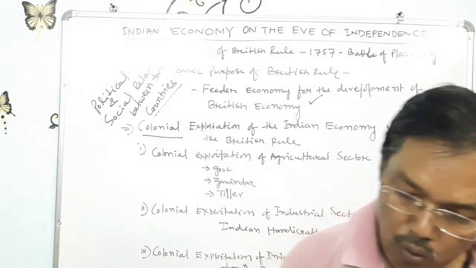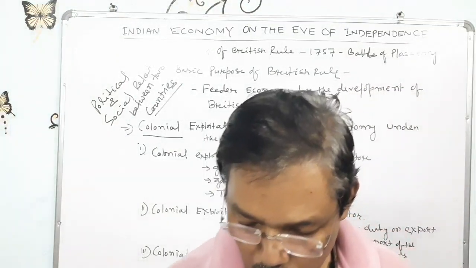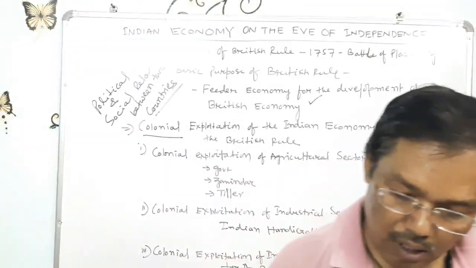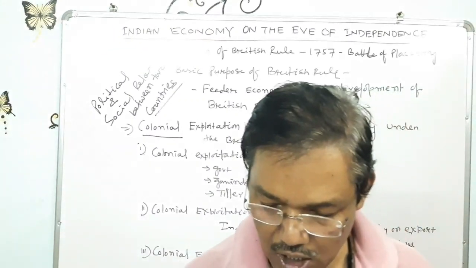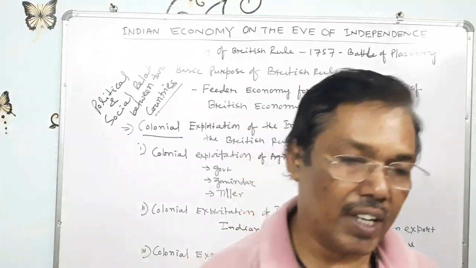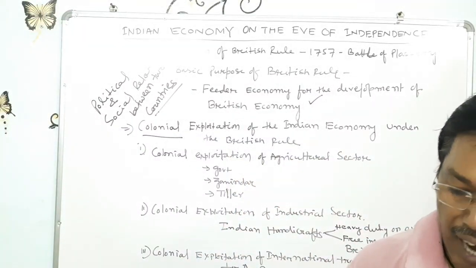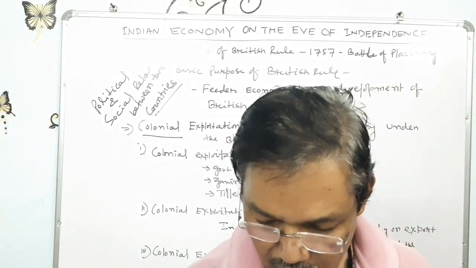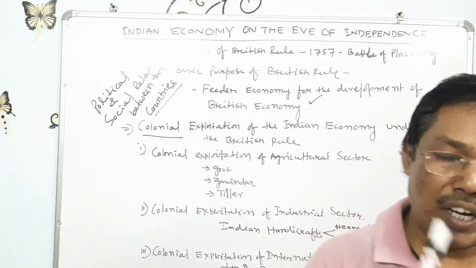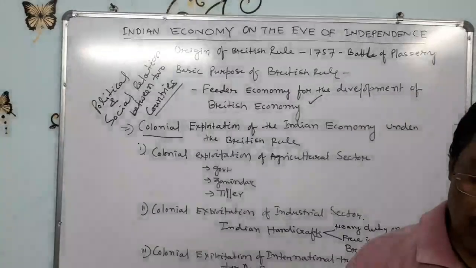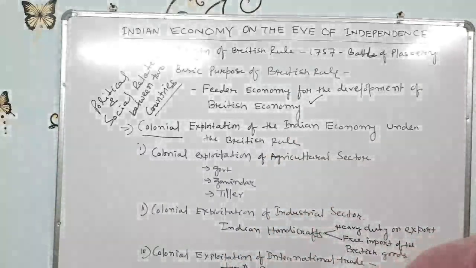It means the ruling country not only has political control over the country, but also determines the economic policy of the dominated country. So in the case of India, the unequal relationship between the colony, India, and the ruling country, Britain, resulted in the underdevelopment of India.